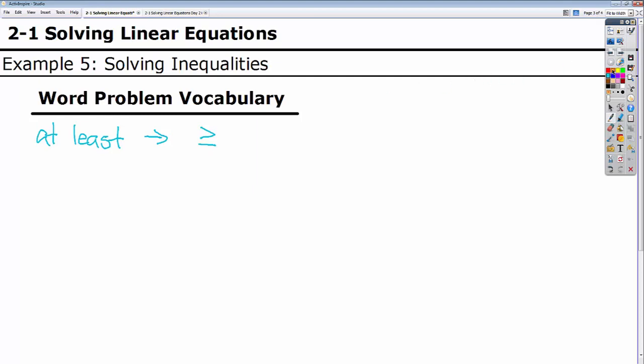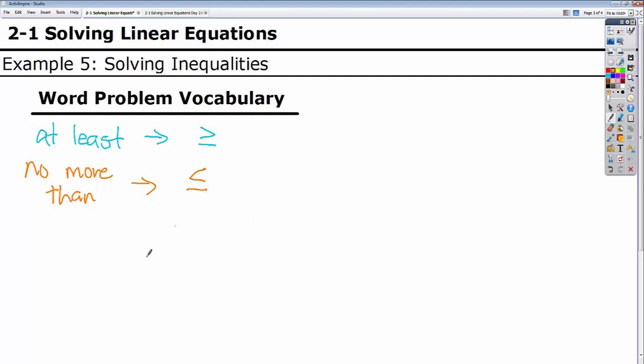Okay, if you see the words no more than, that is your code word for less than or equal to. Okay, no more than. Bob, you can spend $100, but no more than that. So $100, but we would really like you to spend less than $100.